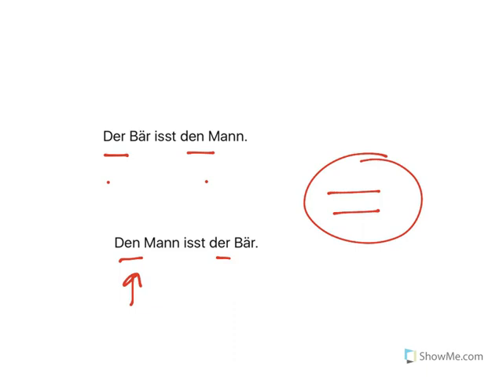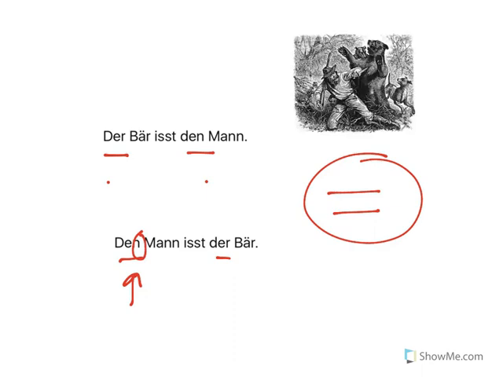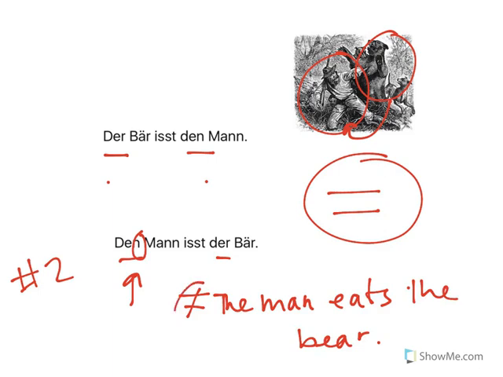We know that this is the sentence starting with the object rather than the subject as we might expect because of that den ending, that N ending. So both of these sentences mean that the bear is the subject doing the action of eating the man who is the object. The second sentence doesn't mean that the man is eating the bear.